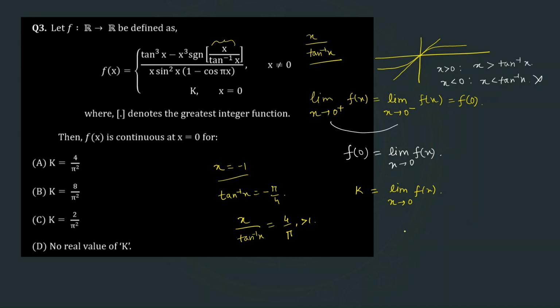So this will be equal to the limit as x tends to 0, then f of x we can write as tan cube x minus x cube divided by x sine square x into 1 minus cos of pi x. Now let us calculate this limit in the next page.